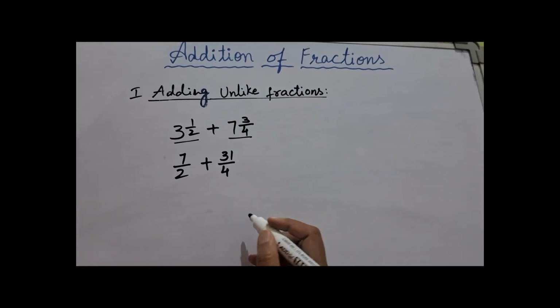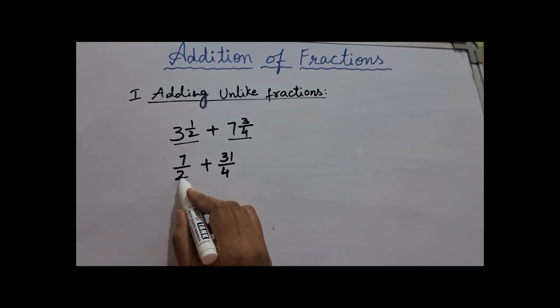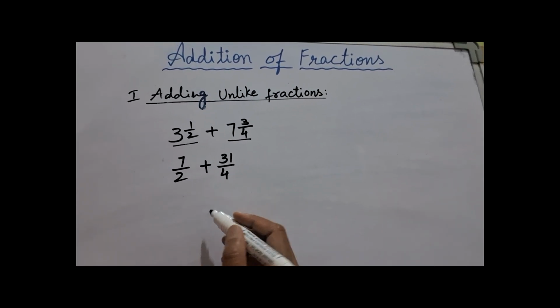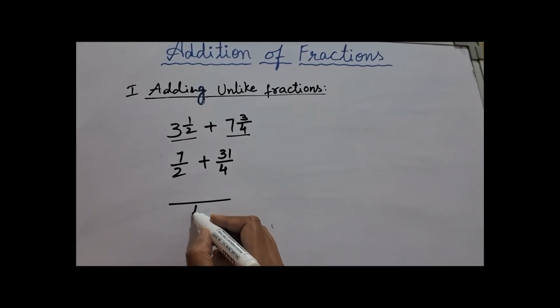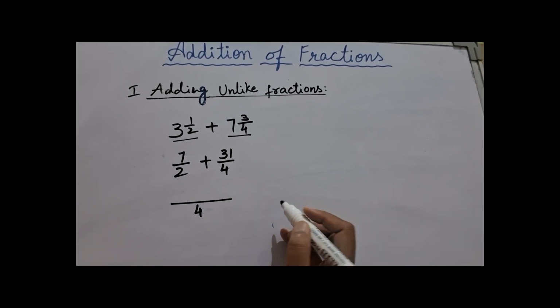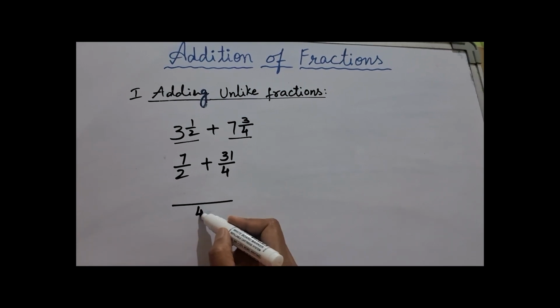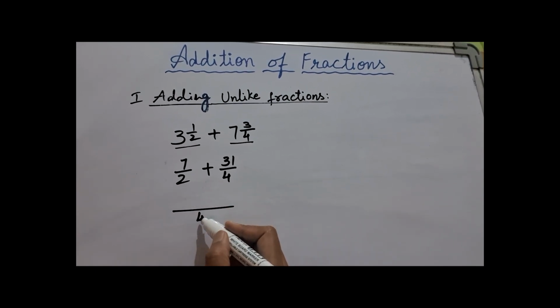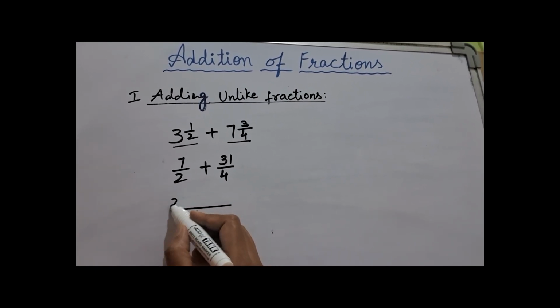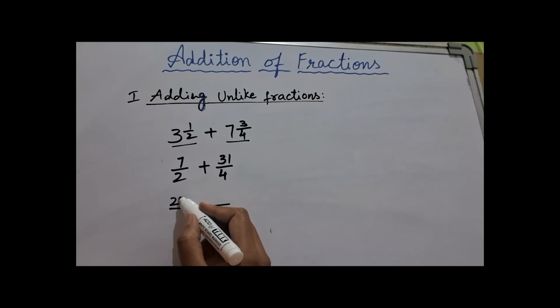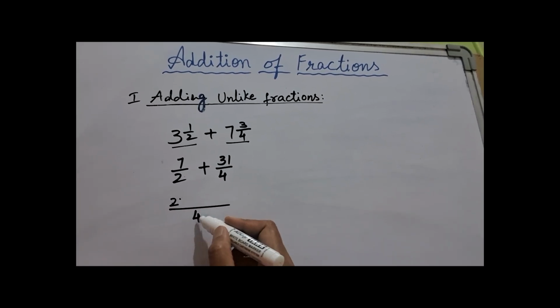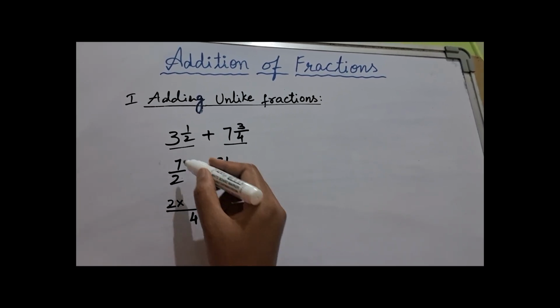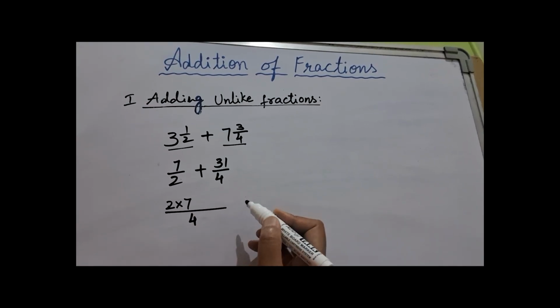Okay children. Now here the LCM of 2 and 4 is 4. 2 into what is 4? 2 into 2 is equal to 4. Now this 2 is multiplied with the numerator. Okay.